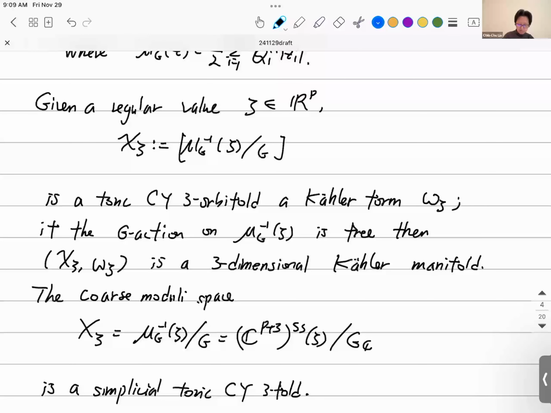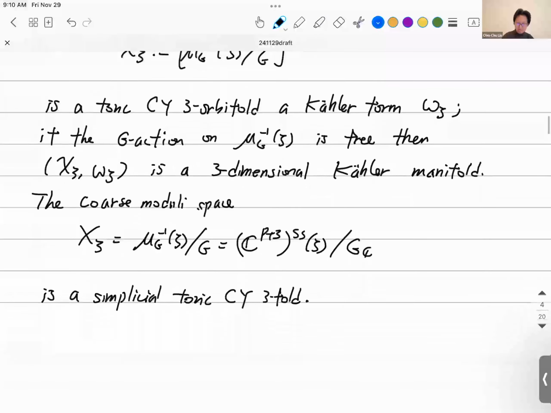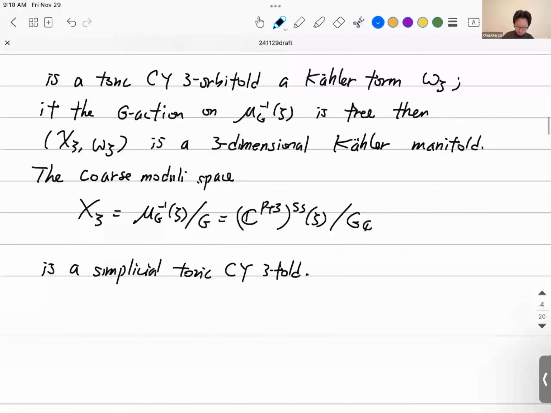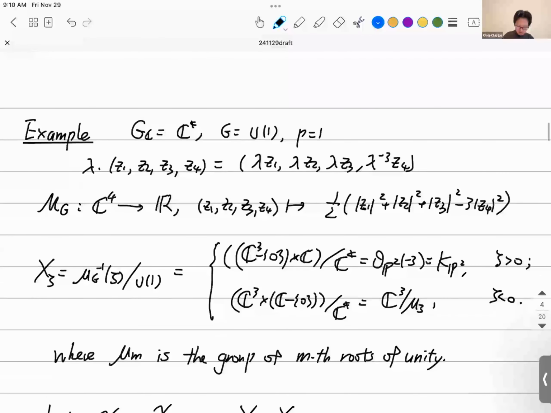Of course, when the G action is free, these two are equal. In general, straight X_zeta is a simplicial toric Calabi-Yau threefold. So this is the A model geometry.